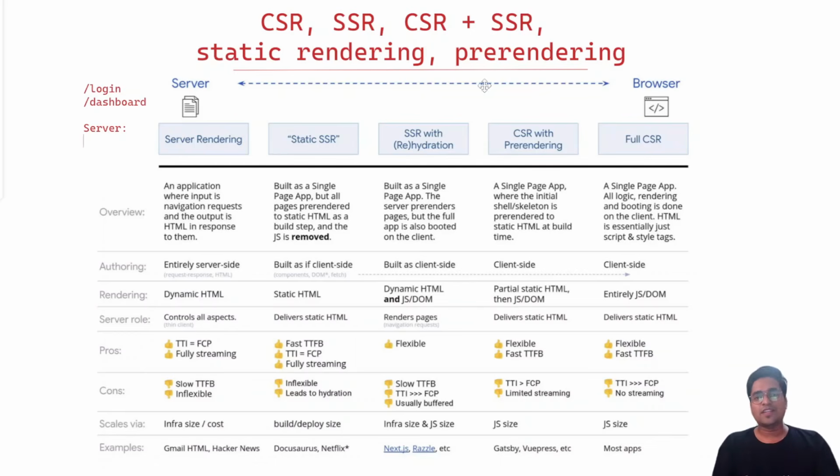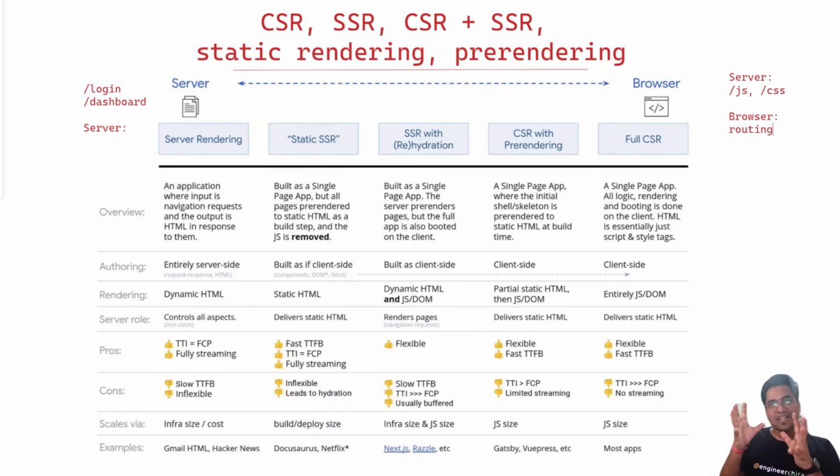Now, coming to the second part, which is client-side rendering. In this case, your server gives the JS, the respective CSS and all sorts of things. Now your browser starts understanding the routing. Suppose someone was on the dashboard, the home page /, and now wants to go to login.